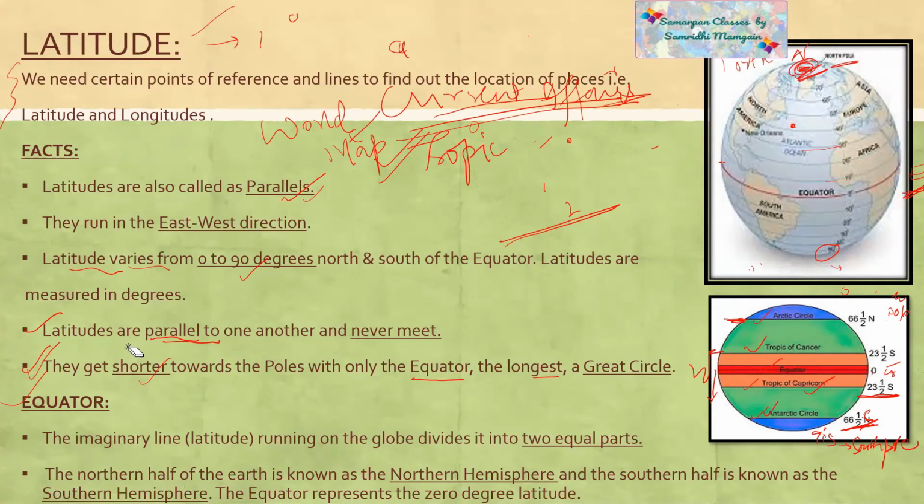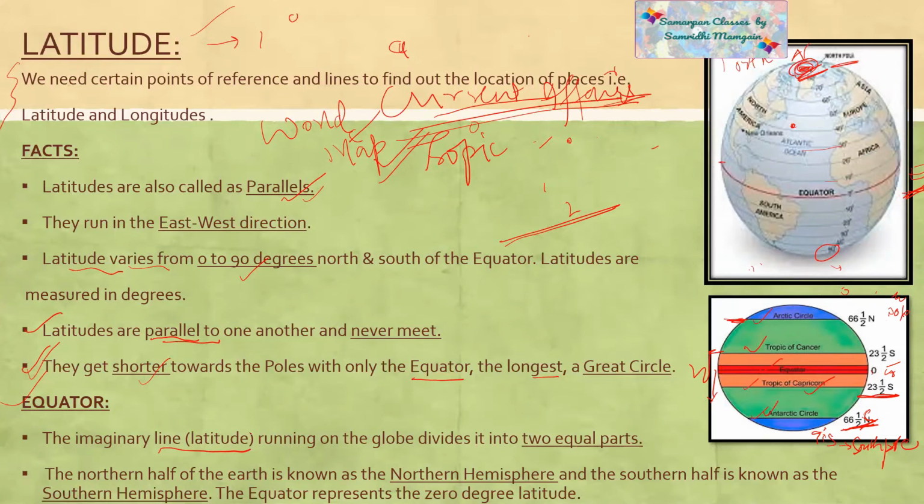Now all of you must know that the equator is 0 degrees latitude. Latitudes and longitudes are both imaginary lines. They do not exist in reality, but just to locate places, we have named some as latitudes and some as longitudes.